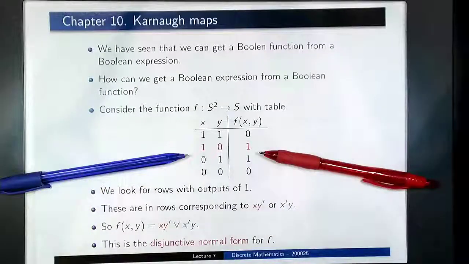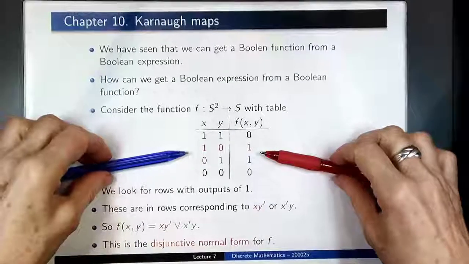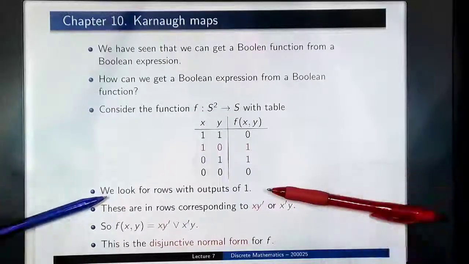What if you've got a table and you want an expression, which you might want for something like, well, an obvious example, because some of you are programming, is that you might have a large table of things, and while you can enter a table into a program and have a table you can look up, that's fine. That's one way of entering information, writing a program. It would probably be neater to just say x or y, z dash. Sometimes you want that. Okay, so here is a method for starting with a table and ending up with a Boolean expression.